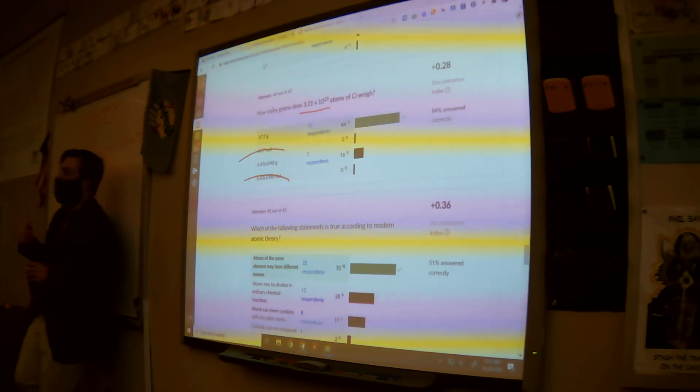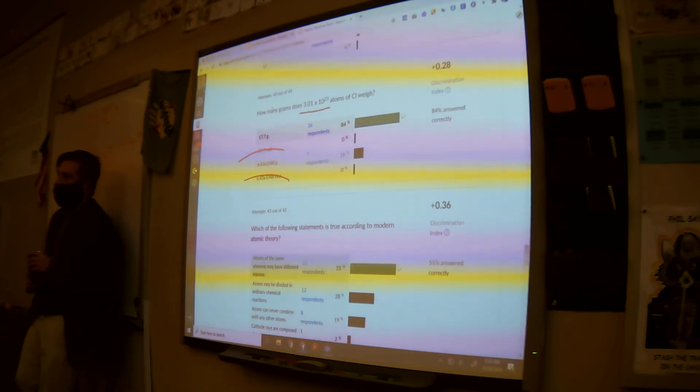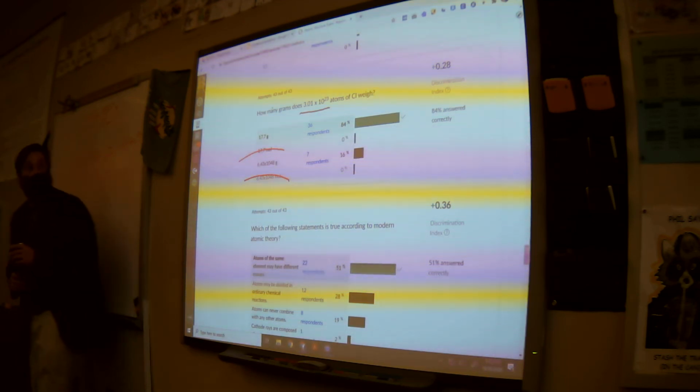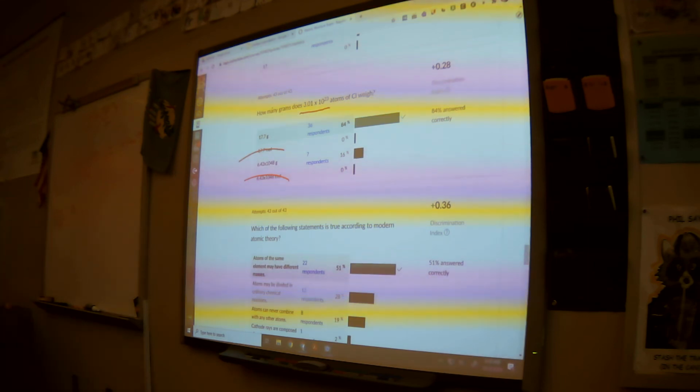So how many moles do you have? Half a mole. If you have half a mole, what's the molecular weight of chlorine? Up on the periodic table there. It's going to be 35.4, so what's half of that? 17. Okay. So again, this is kind of where those PSAT skills come into play. Recognizing, hey, that's half of a number that I need to know. And you can do some quick math.